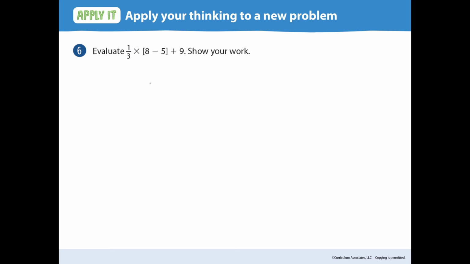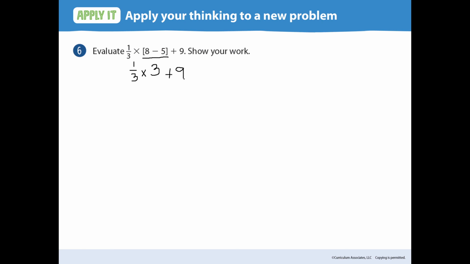Now, these are called braces, and they work exactly the same as parentheses. So in this problem, we're going to do what's inside the braces first. 8 minus 5, which is 3. So if we keep everything else exactly the same except for the part that we solved, we have 1/3 times 3 plus 9.